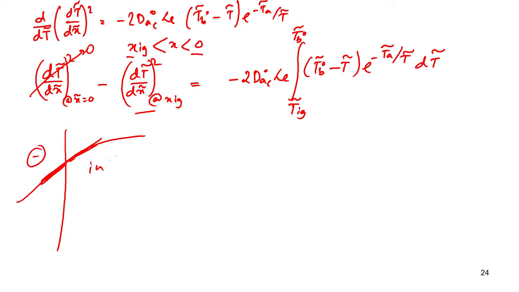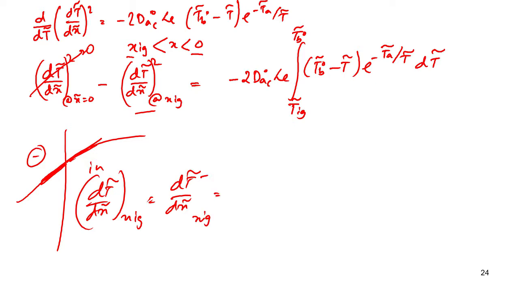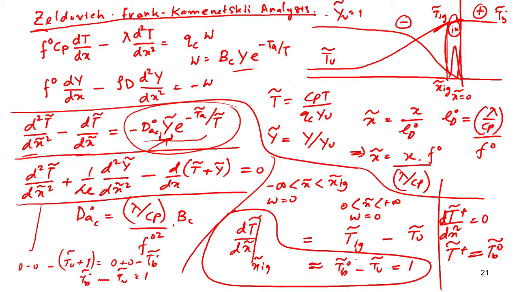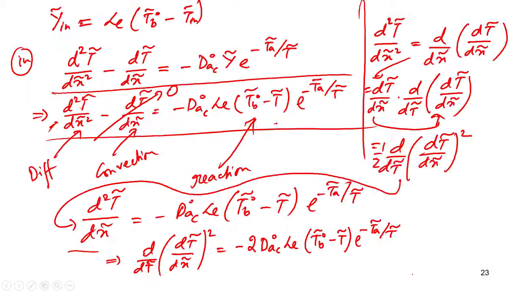So at this point dT tilde/dx tilde at x ig is equal to dT tilde/dx tilde minus at x ig, and this we obtain to be essentially equal to 1. This came from the fact that, if you remember, here dT tilde/dx tilde integrated from the minus side, T_b0 minus T_u0, is equal to 1. So essentially this is 1.